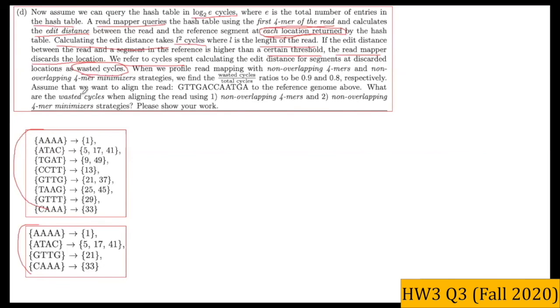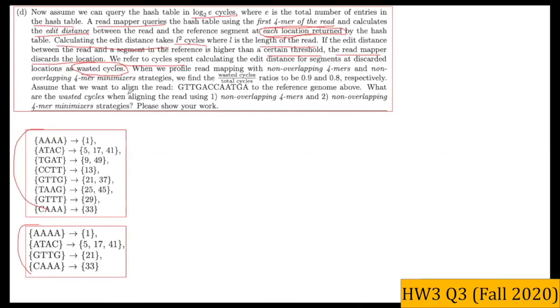Now, when we profile read mapping with non-overlapping k-mers and the non-overlapping k-mer minimizer strategy, we find the wasted cycles over total cycles ratios to be 0.9 and 0.8 respectively.